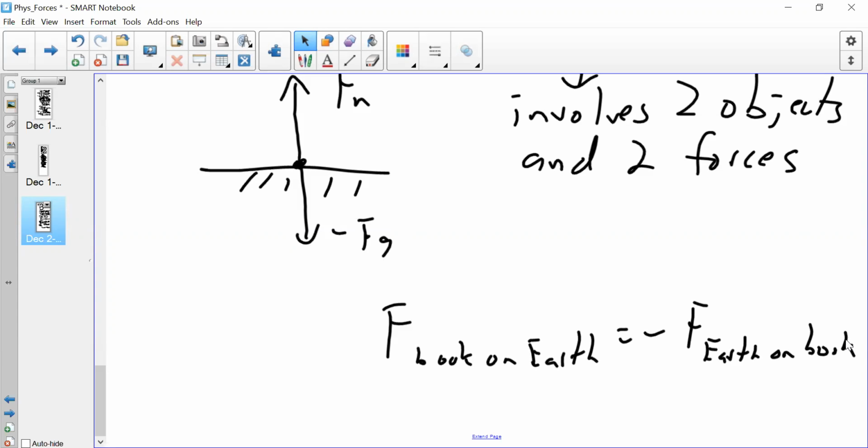Two forces for direction. The magnitude is the same, but they act in opposite directions. So you can call them two forces, because the earth is going to exert a force one way and the book is going to exert another force the other way, but opposite, with the same value.